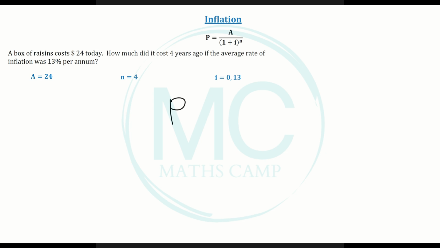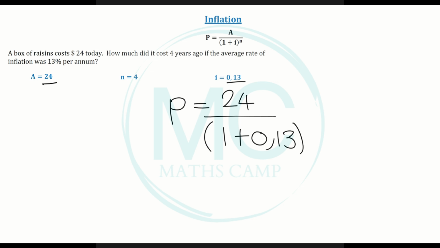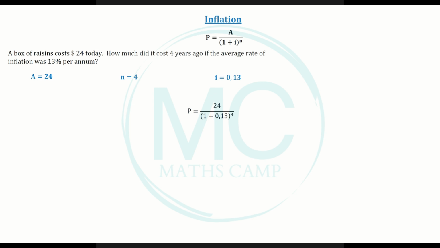Now that we have these values, let's put them into the formula. And we get P is equal to the value of A, 24, over the bracket 1 plus the value of I, 0.13, to the power of N, which is 4. Now we have 24 over 1 plus 0.13, which gives us 1.13.